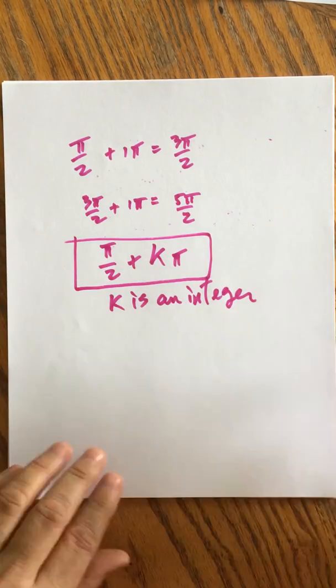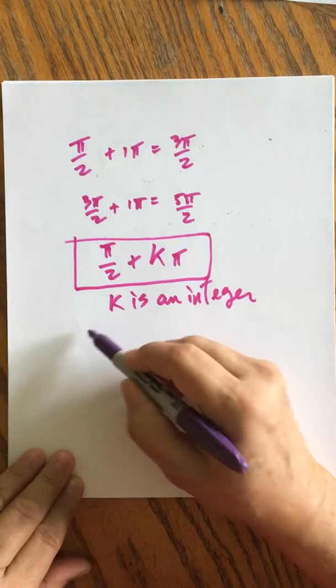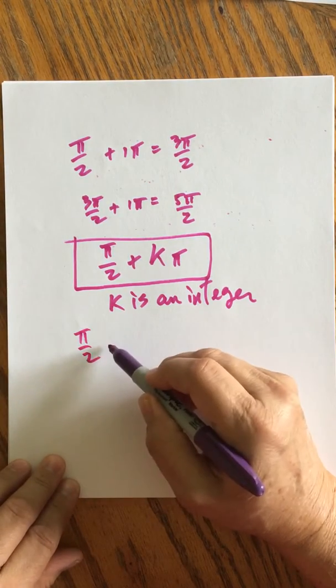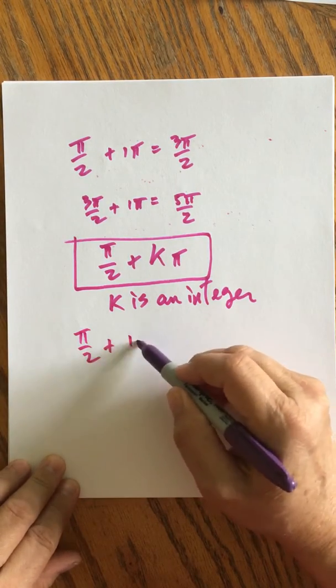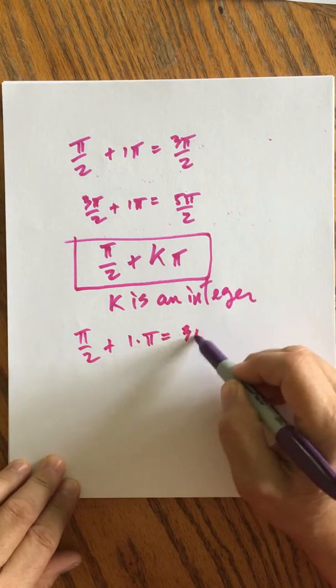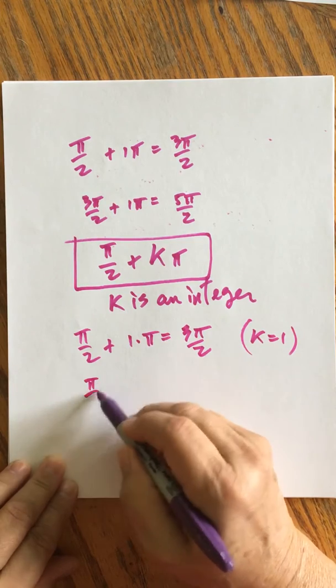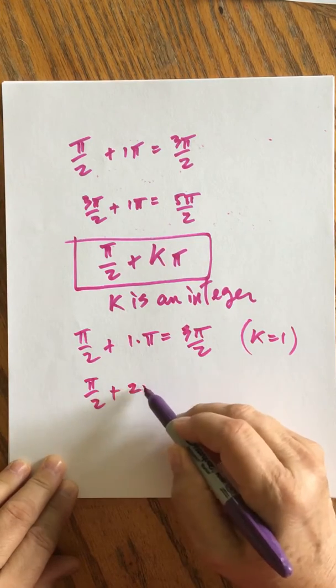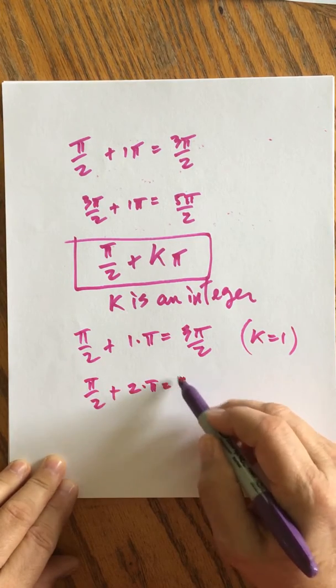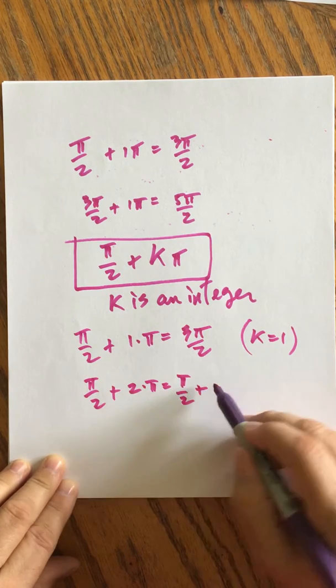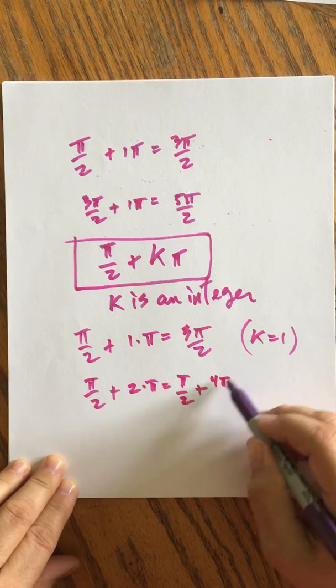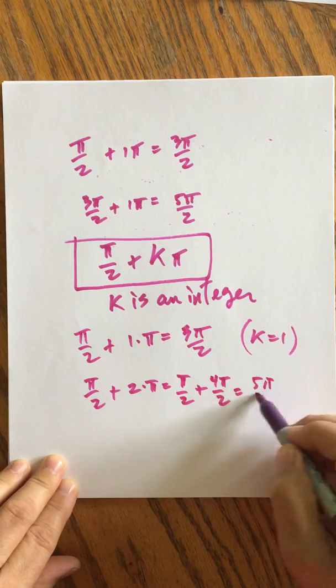So if I now start and I say, okay, let's say k is 1, there's how I get my 3 pi over 2. So that's k equal 1. Well, what if I let k be 2? Well, now I have pi over 2 plus 4 pi over 2, and I'll get 5 pi over 2.